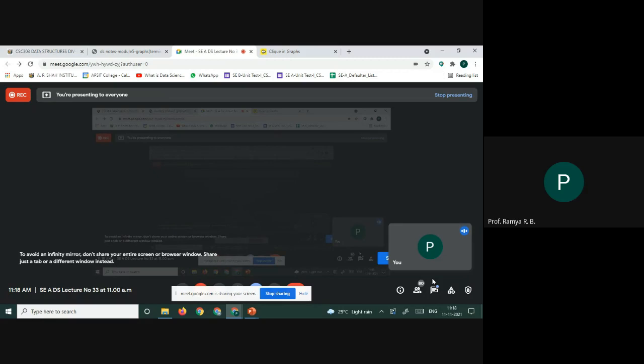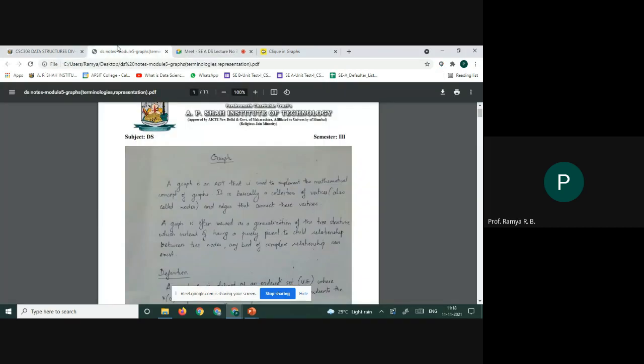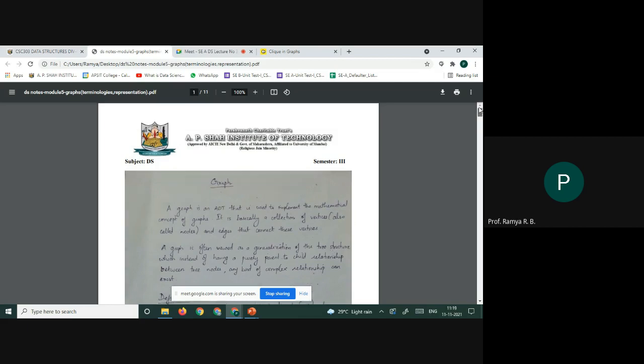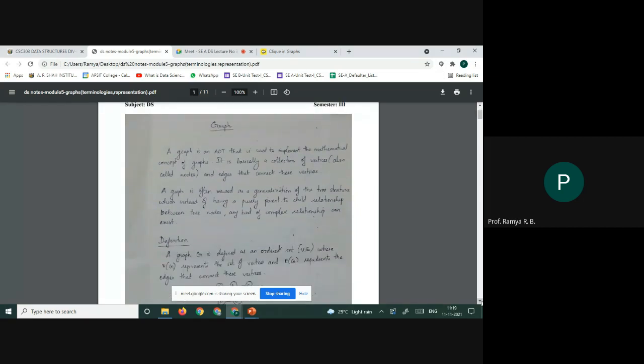So all graphs are not trees. Okay. So graph is a generalization of the tree data structure, but all graphs are not trees, because trees cannot contain cycles.